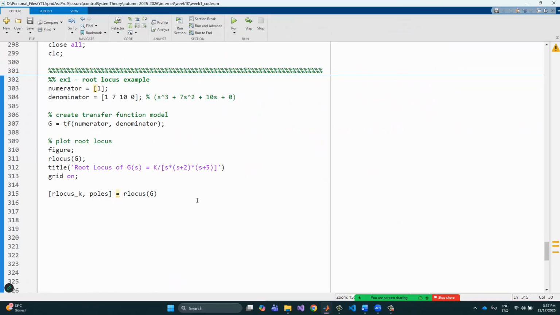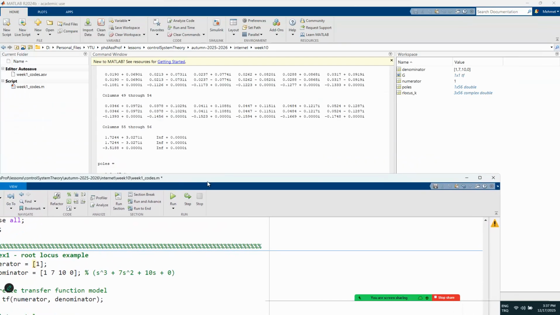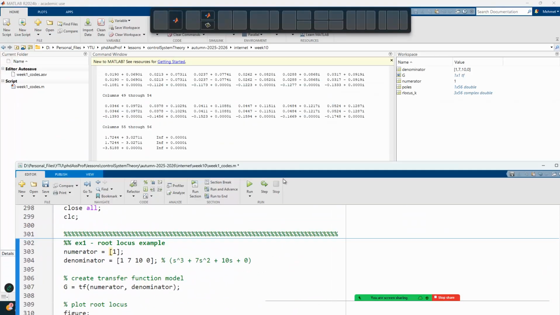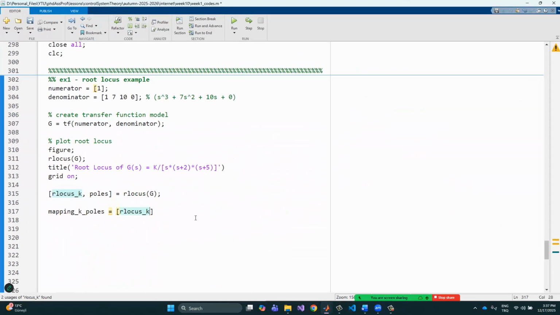And so we can assign the mapping k poles in here, and the r locus k equals the three values contained in here, and also we can assign the poles just like this one.